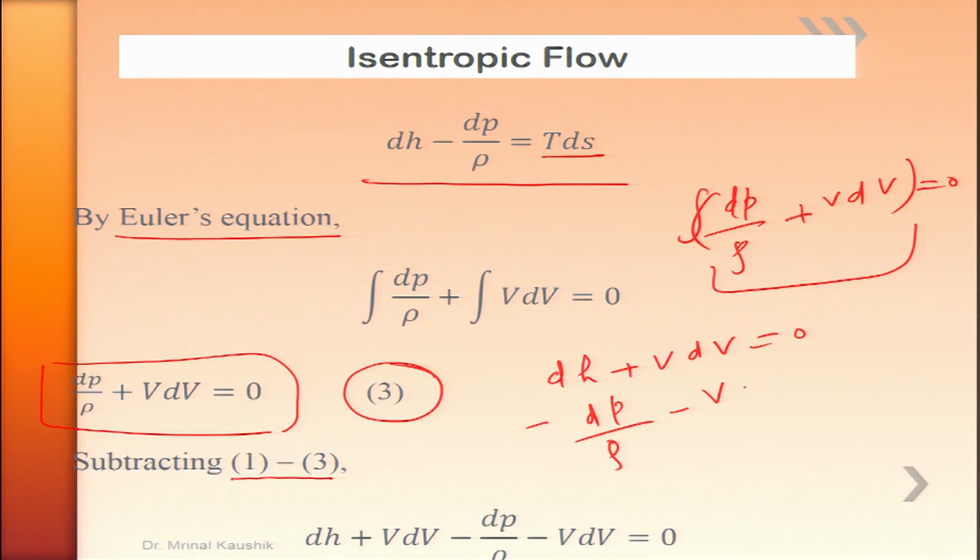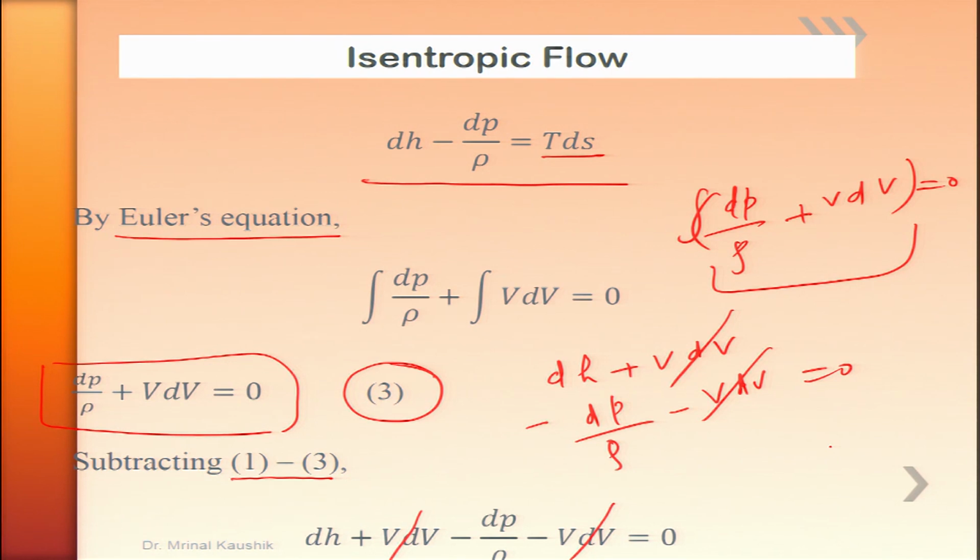If I am subtracting, this essentially becomes something like this. However, this V dV will be cancelling out, and then we will remain with dH minus dP by rho is equal to 0.